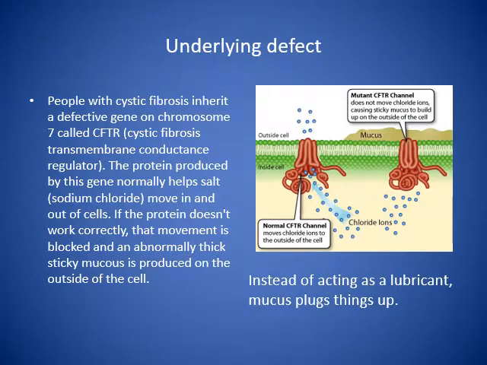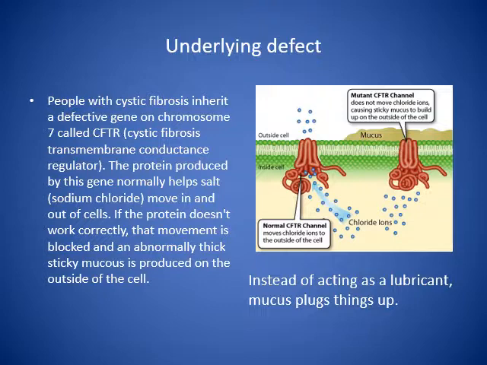Underlying defect in cystic fibrosis. I'll explain it to you right here. It's a defect on chromosome 7, which is responsible for creating a protein that helps sodium chloride, or salt, move in and out of the cells.